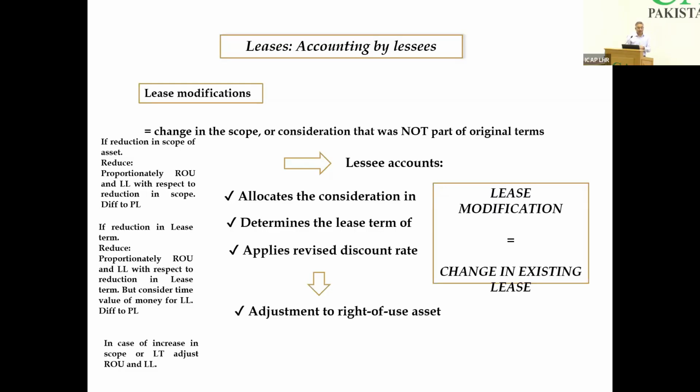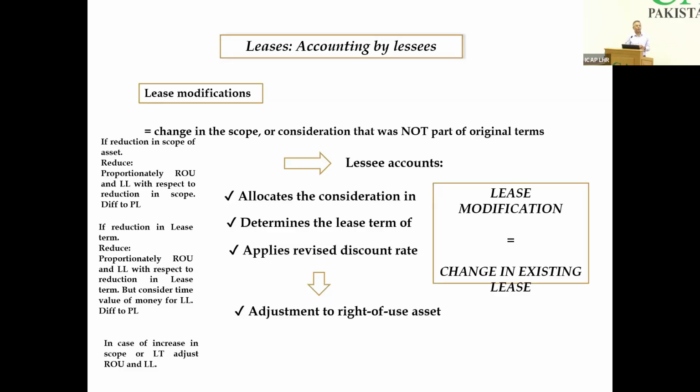And then the next area is in case of increase in scope or lease term. Increase in scope, but it's a part of the existing lease because you are not being charged standalone rental, market rental. So it's a part of the existing lease, or there is an increase in the lease term.